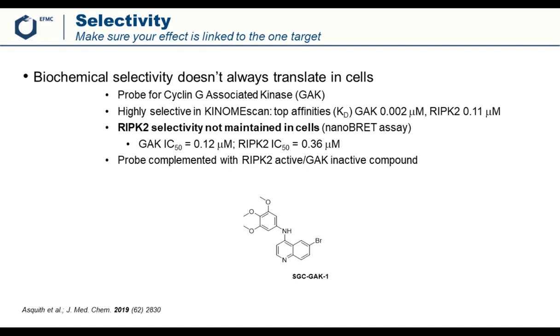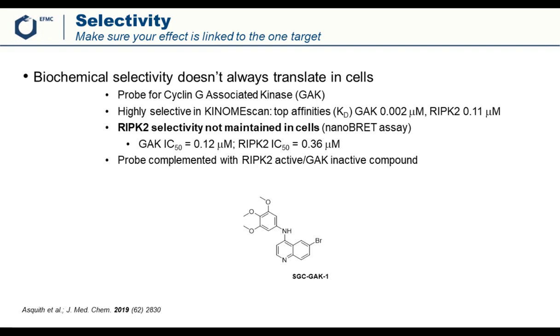They found a very selective compound shown at the bottom, SGC-GAK1, in a kinome scan. A kinome scan is an experiment where you test against a large set of kinases. In fact, they had a KD of 2 nanomolar on GAK, on their target, and the closest affinity was only 110 nanomolar on RIPK2, so a 50-fold selectivity in this biochemical setting.